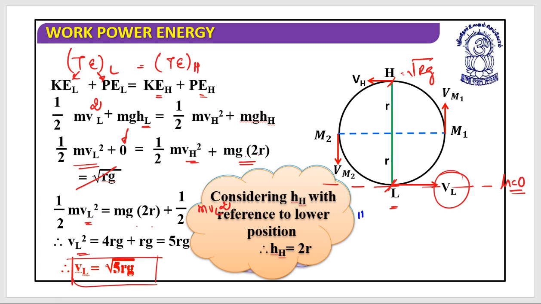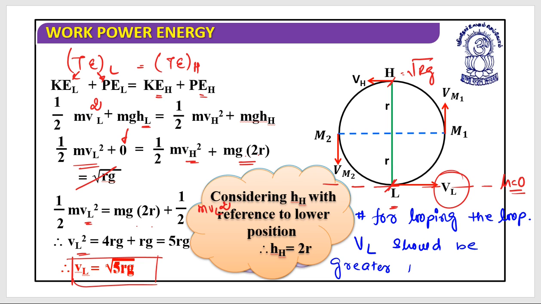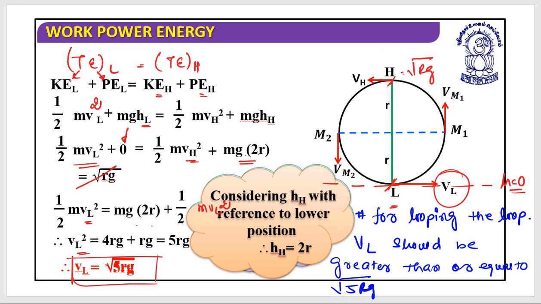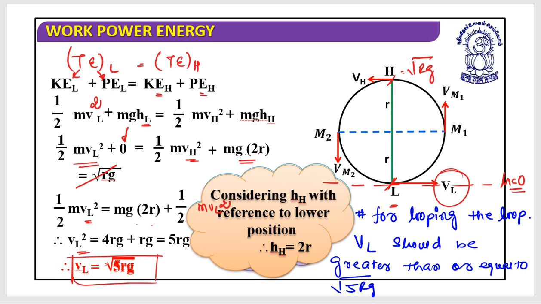Please do remember that for looping the loop, the velocity at L should be greater than or equal to root of 5rg. So the minimum velocity required is under root 5rg, and if velocity is greater than that, it is well enough.